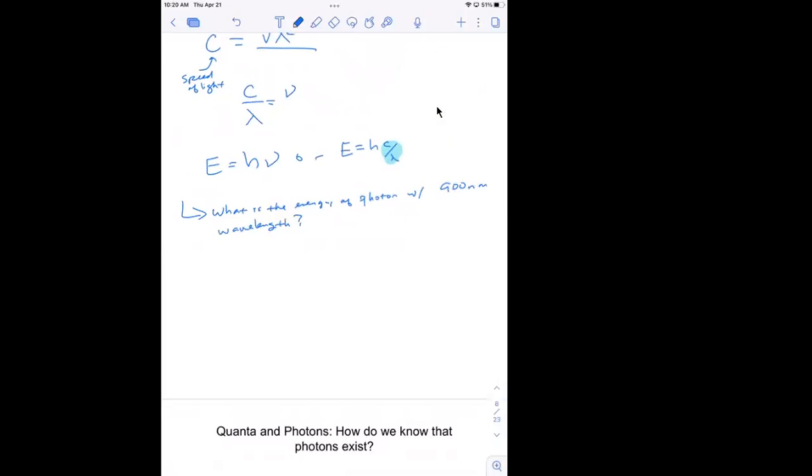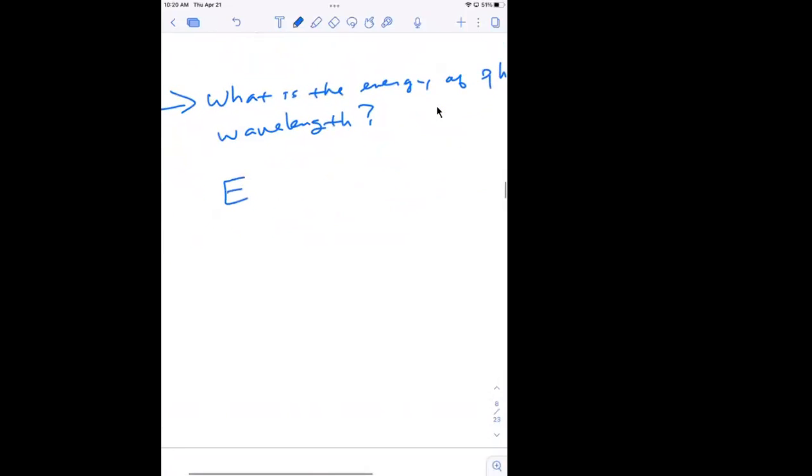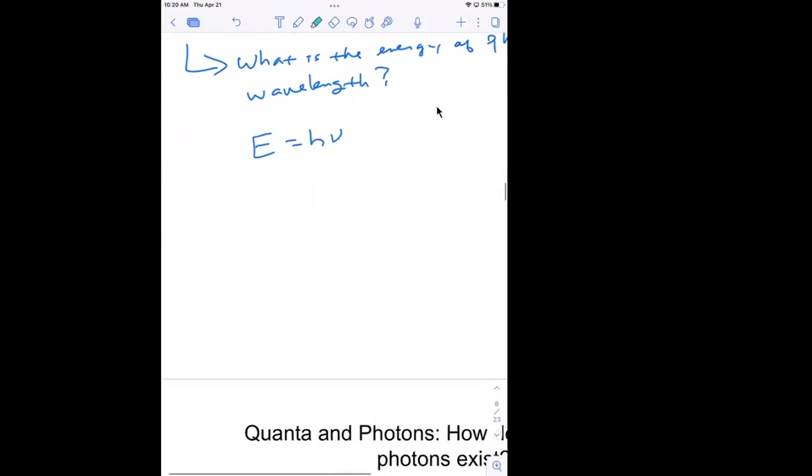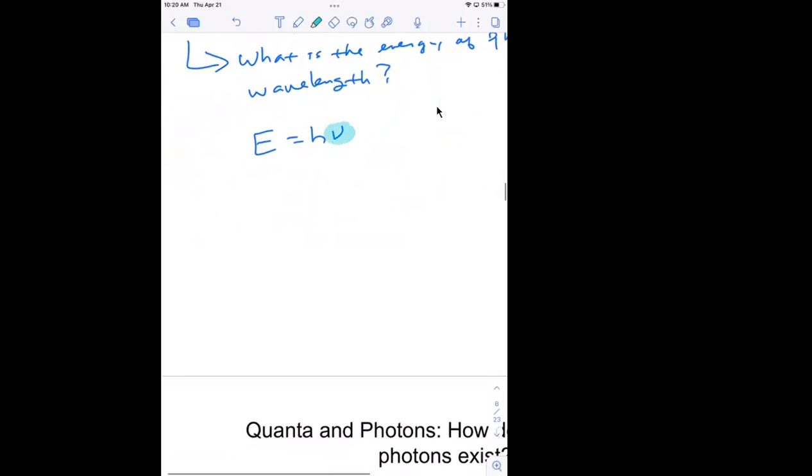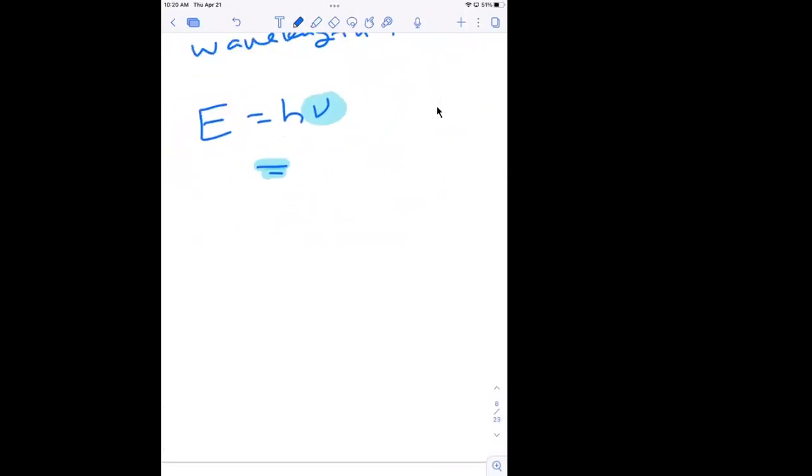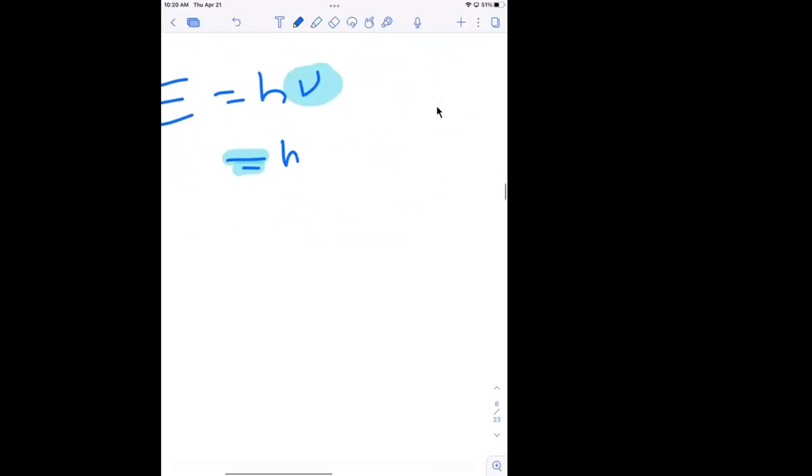We can figure that out if we say that energy is h nu, but here we don't have a frequency, so we're going to sub in that relationship between the frequency and the wavelength, h times c over lambda.